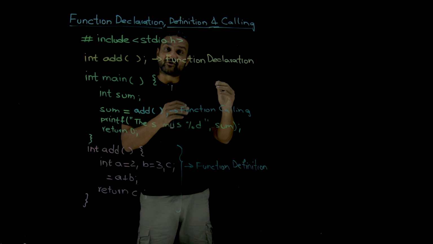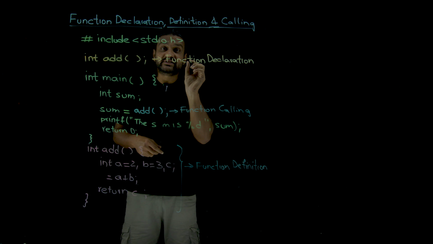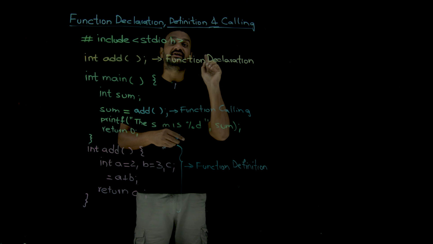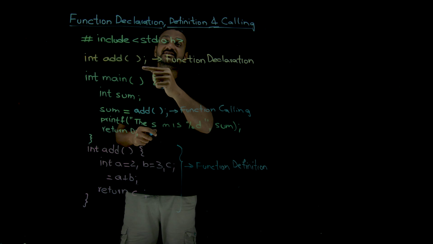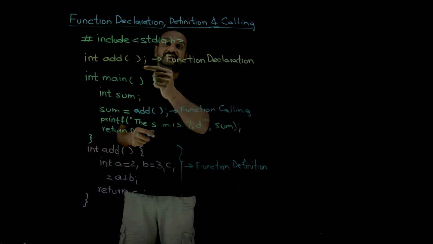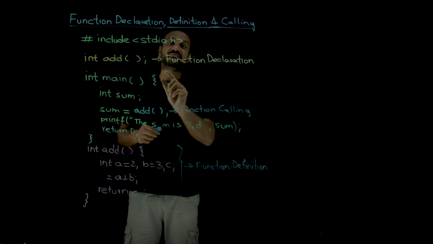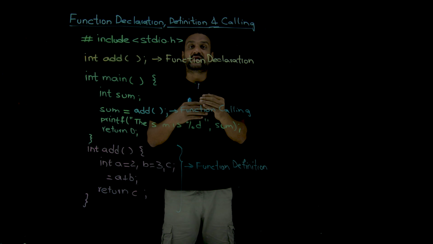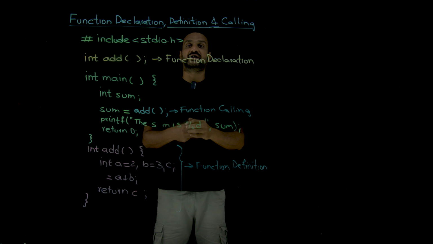So far in all our previous programs, we have seen the variables declared within the main function. But the functions will always be declared outside the main function, above the main function. It is always a good practice to declare all the functions above the main function, because whenever the compiler compiles the program, it will understand the existence of the functions within the program.